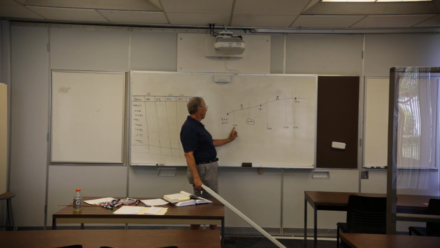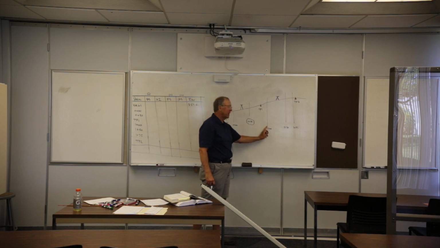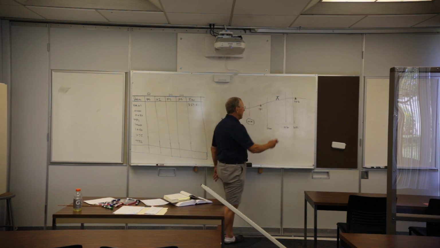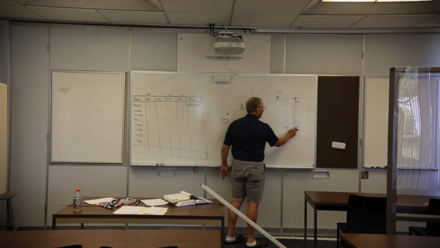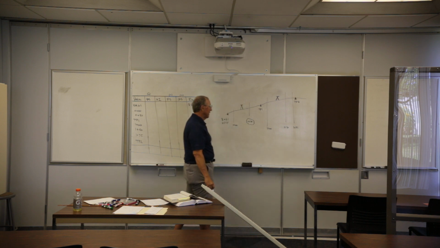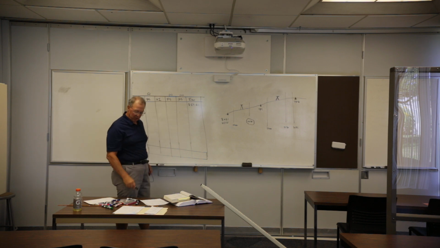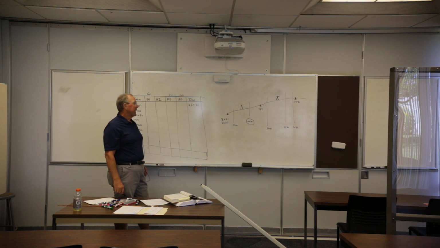Standing here going to station 1 plus 00, I would be going 100 feet. 150 feet. 175 feet. If I was standing here and I wanted to go to here, I'd be going 25 feet. 1 plus 50 to 1 plus 75 is 25 feet. So the first number is the total number of 100-foot stations. The second number is part of the 100 foot. And it's used commonly in construction associated with highways. So you'll see it on every highway plan that I've ever seen.